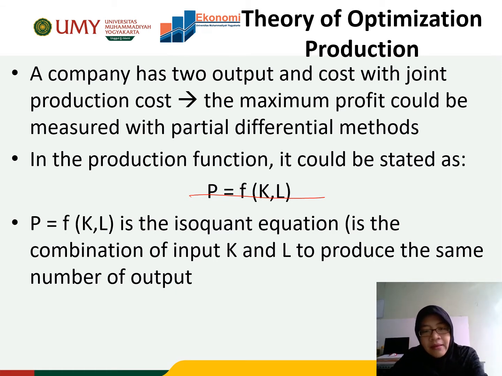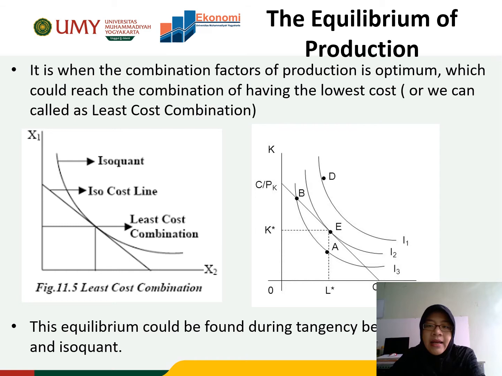So the capital and the labor form the equation of the isoquant, and the equilibrium combination of it is the combination for optimum production. So you have to recognize which is the isocost and isoquant. If you have the combination between the isocost and isoquant, you can call it the least cost combination.